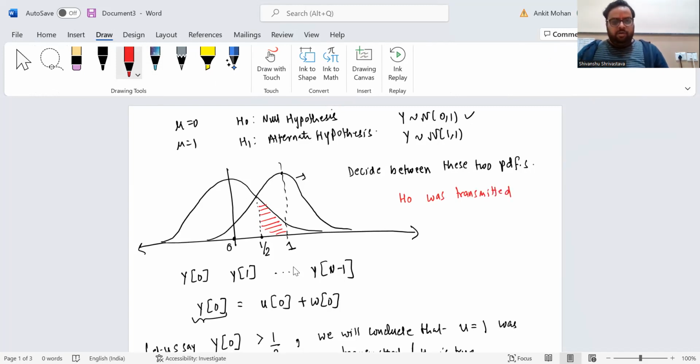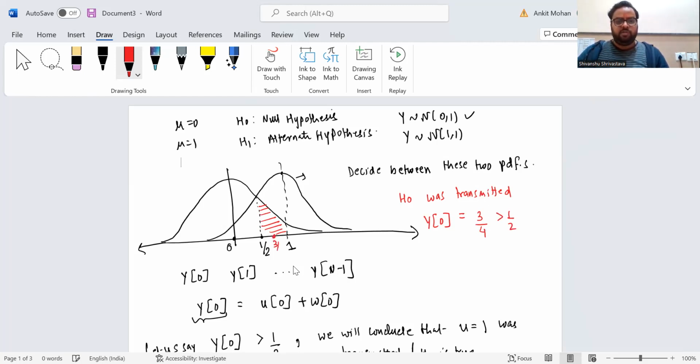But what I obtained here was that y of 0, this signal sample, has a value, let's say something like 3 by 4. Let us say this is 3 by 4, which is greater than 1 by 2. So this is lying somewhere here. Now this is the value.